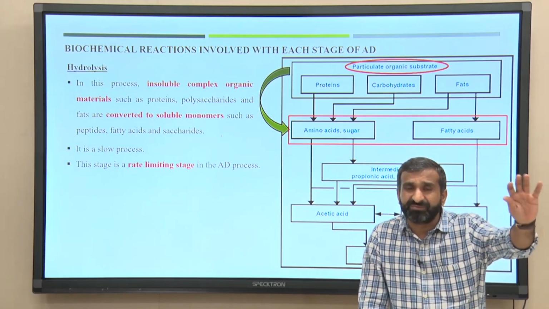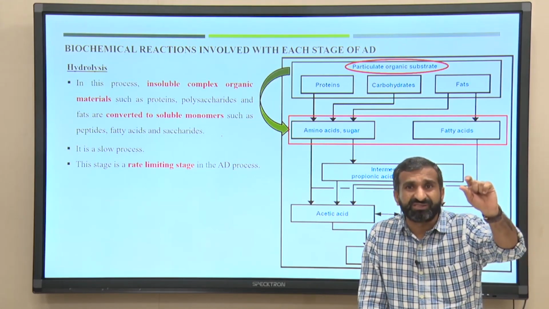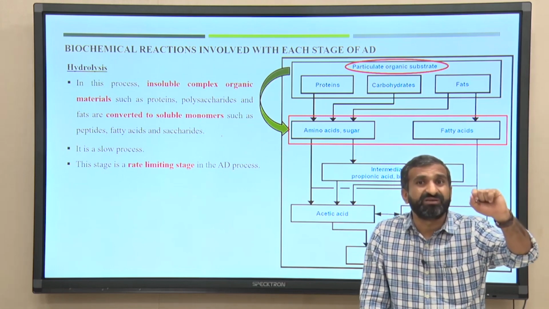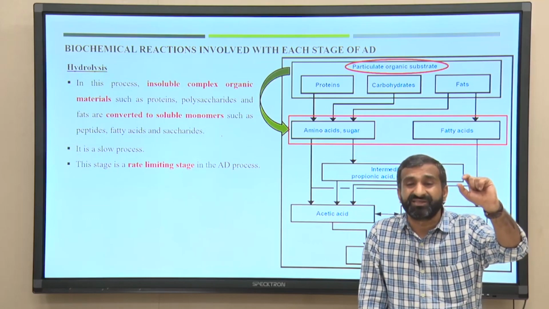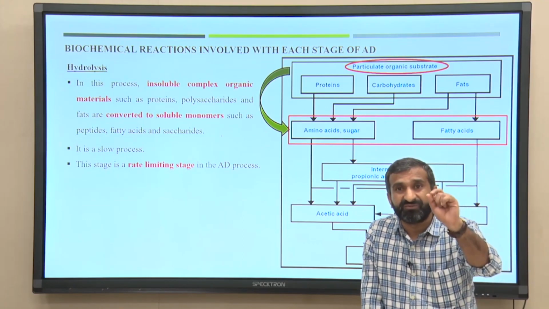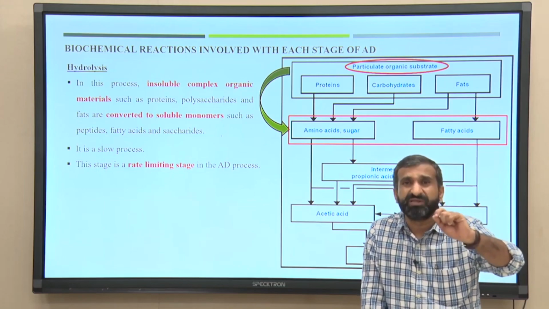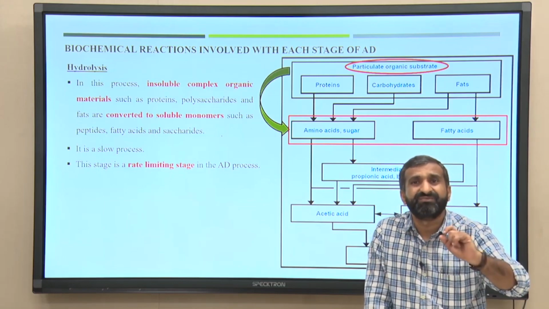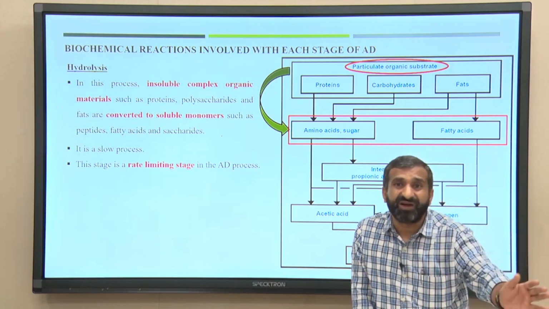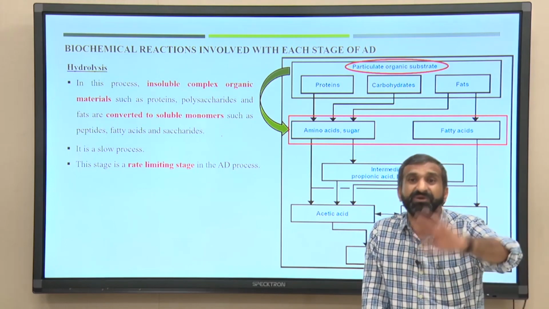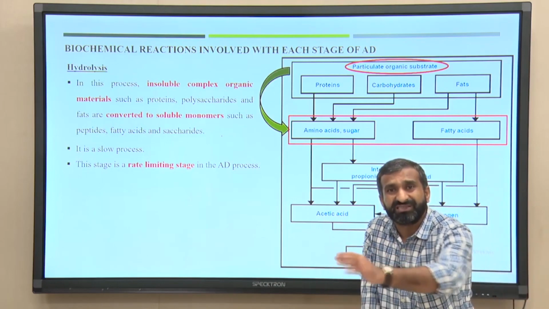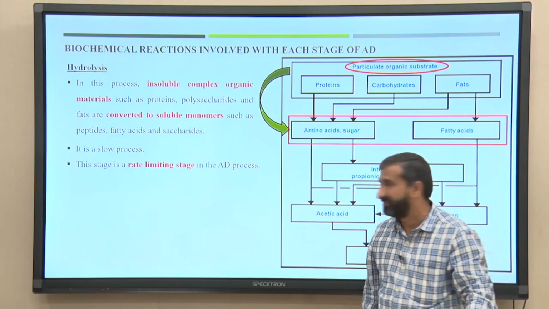Like in composting, I proposed a size of 1 or 2 centimeters is good for the bacterial degradation process. Here, reducing the size to 3 mm, 4 mm is highly beneficial for the anaerobic bacteria. Mechanical grinding is one kind of hydrolysis or pre-treatment process, and then the material goes directly to the acid forming stage.